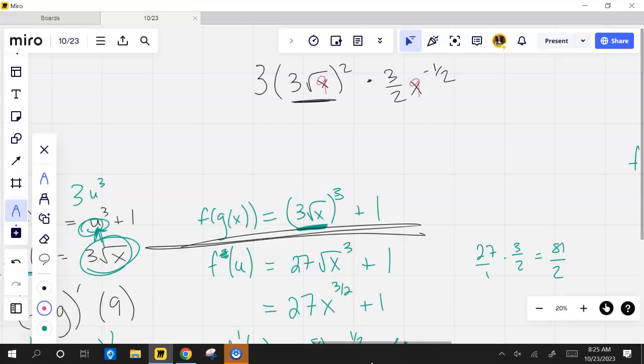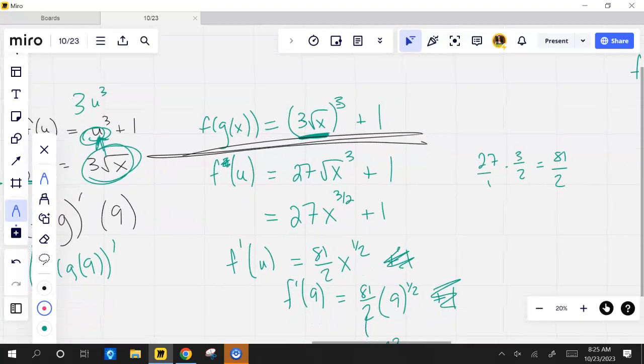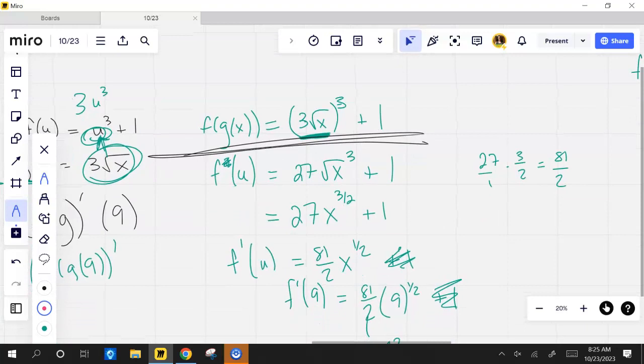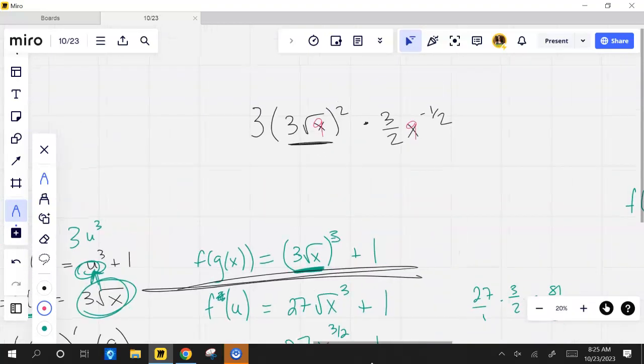I just made it where I didn't have to chain, I guess. Yeah, I did. That's what I was saying. Whenever they worked it, they just chained it. So they left it, did the power and then did the inside.